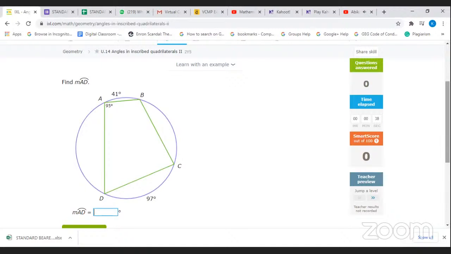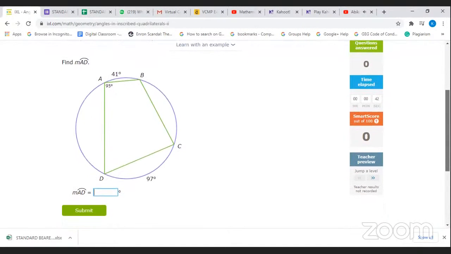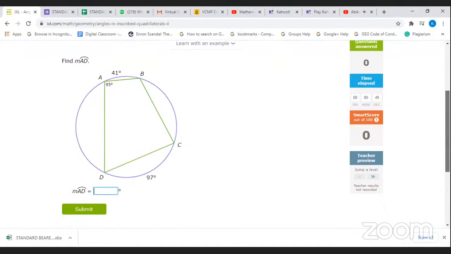Okay, I think here we just need to look at this additional thing that they have put there. You can see angle A is 95.